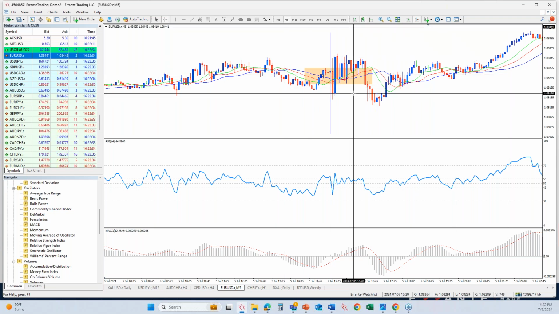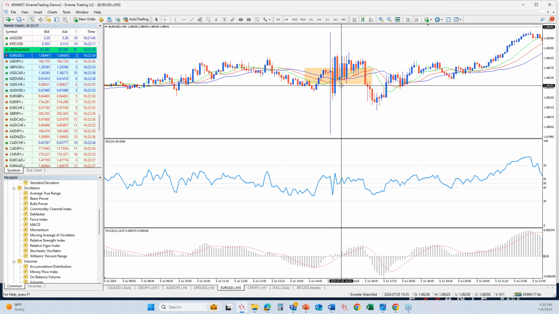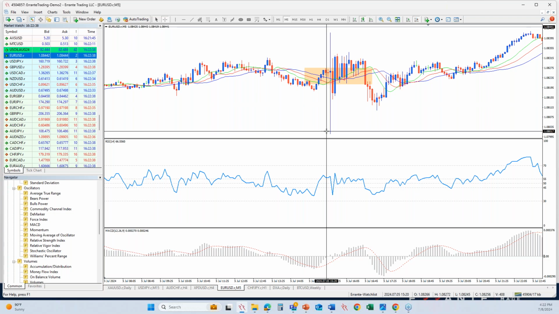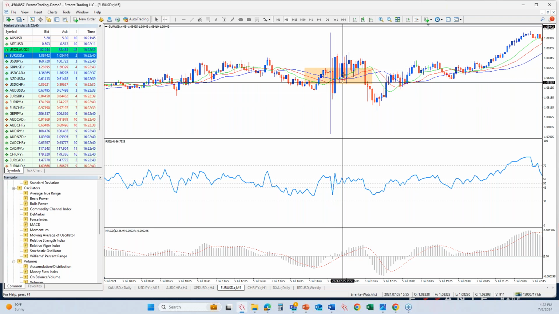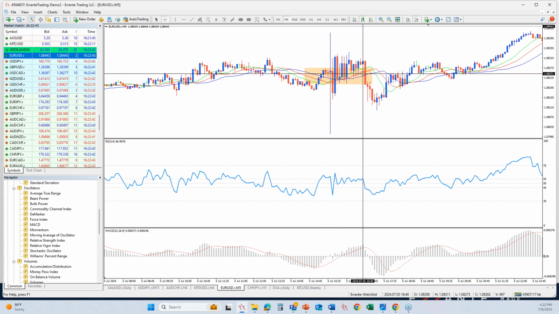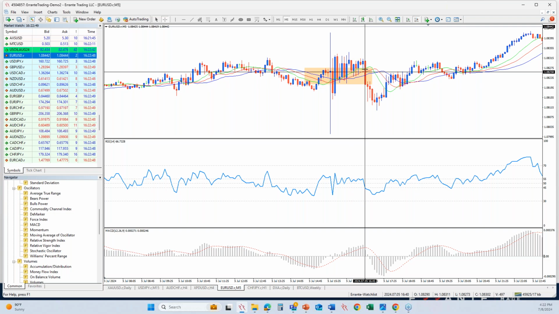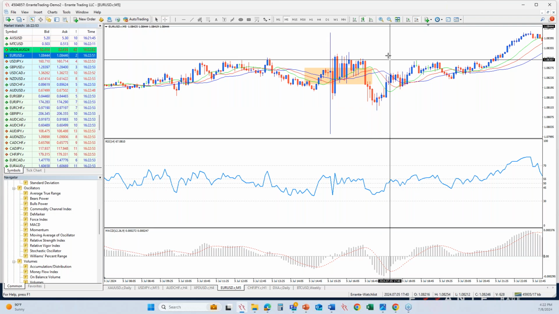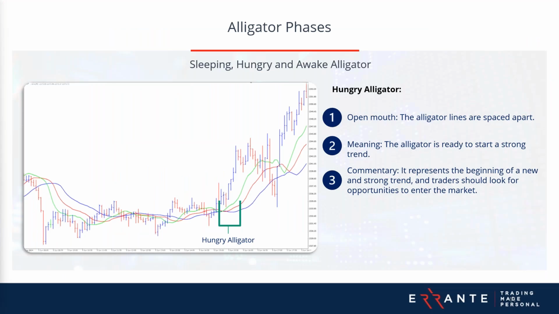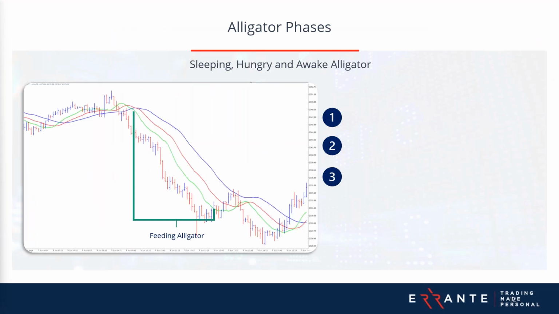This is a mixed narrative for the market, which caused the price movements within a sleeping alligator without any clear, precise market direction or a breakout to any side, not downside or upside. So you see, this is how you need to understand the market context when you use Alligator.